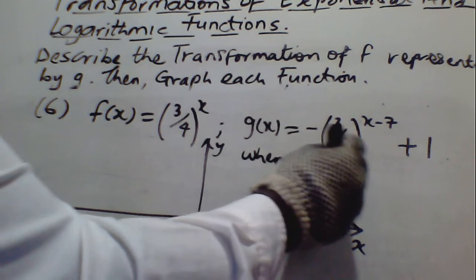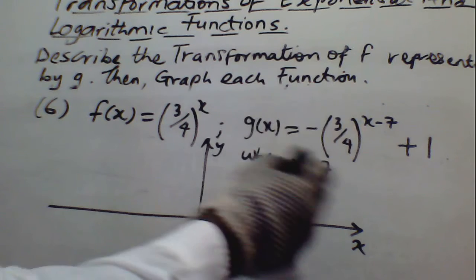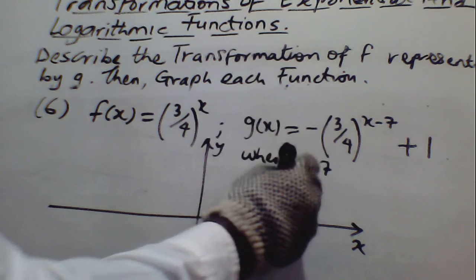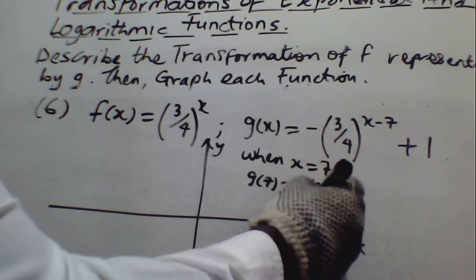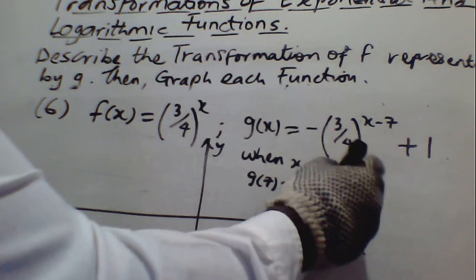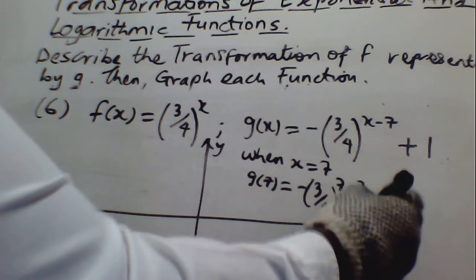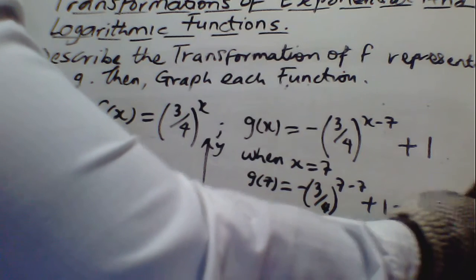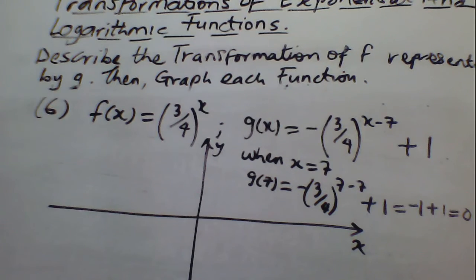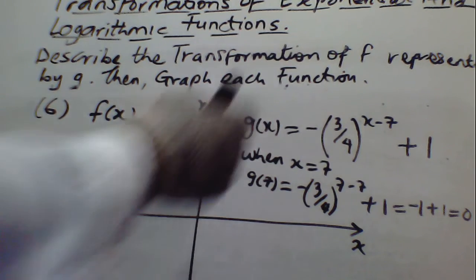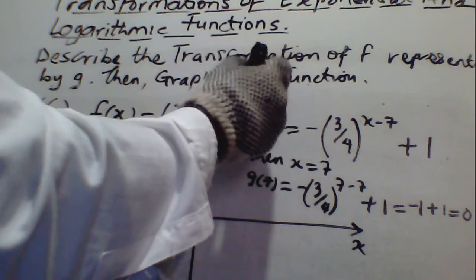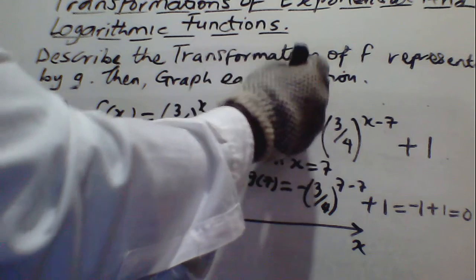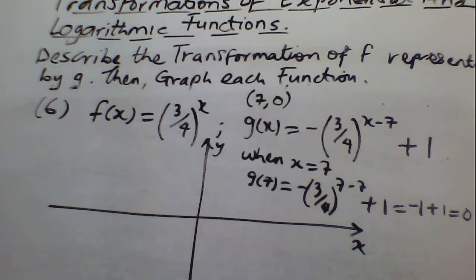When x is equal to 7, if we put 7 here, we have g of 7 equals minus 3 over 4 to the power of 7 minus 7, plus 1. So this will give us what? Minus 1 plus 1. That will give us 0. So this is the first point, 7 and 0.